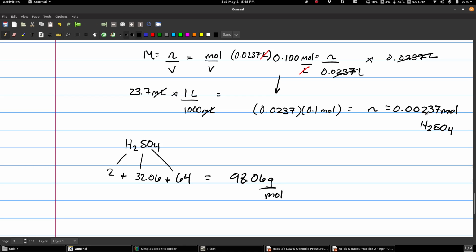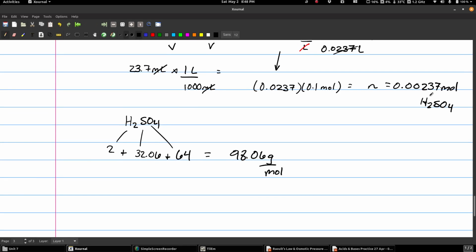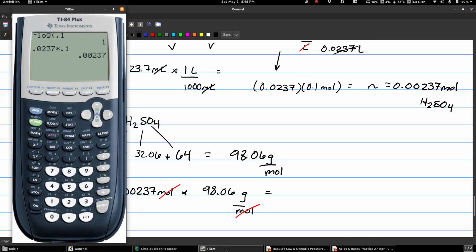So let's multiply this by the molar mass to figure out how many grams, and that would be how you would solve this. 0.00237 moles times 98.06 gram over mole. So your moles are gone, and then we have our answer.